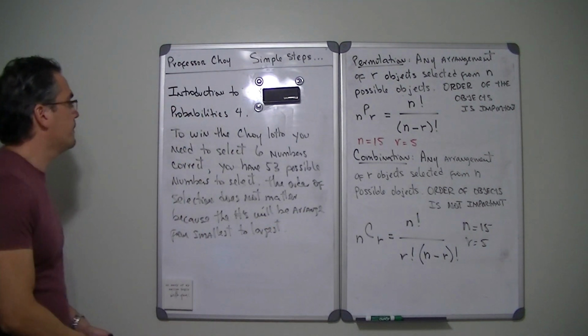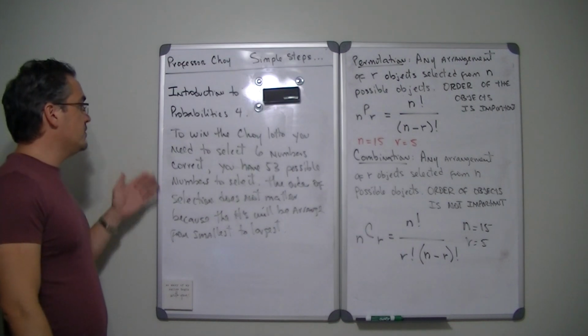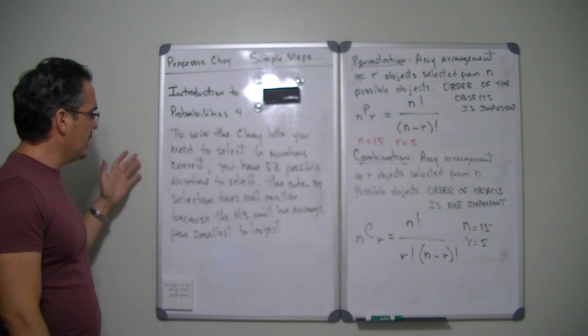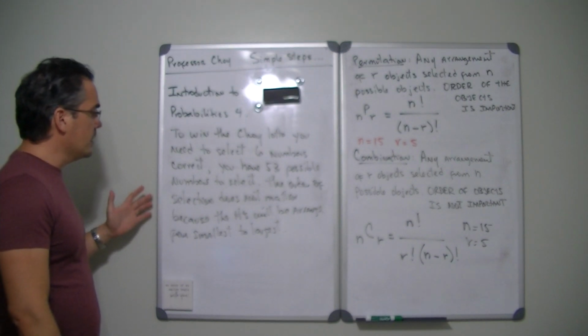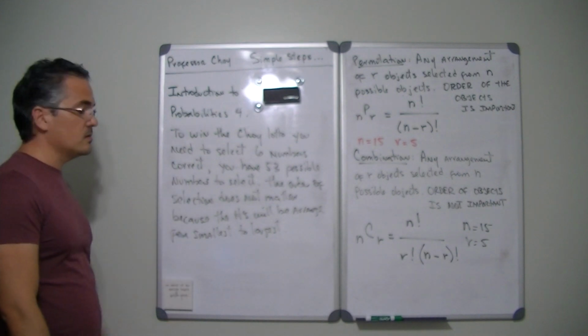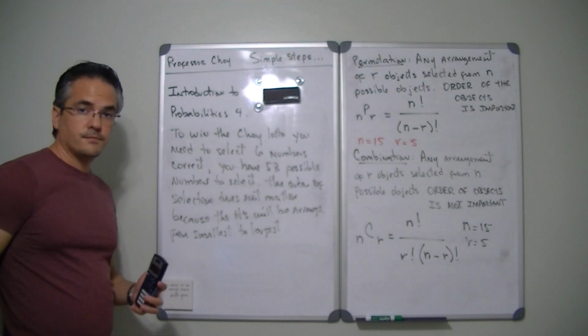Alright, so to win the Ch5 lotto, you need to select 6 numbers correct. You have 53 possible numbers to select. The order of selection doesn't matter because the numbers will be arranged from smallest to largest when you're done.